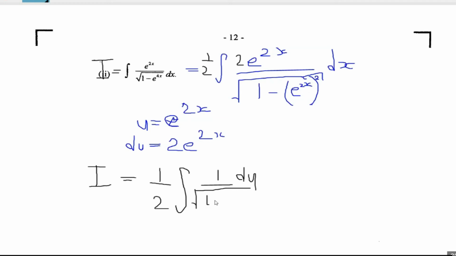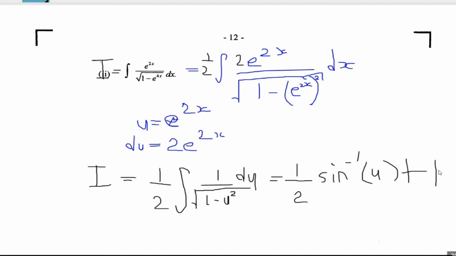Now the integral of 1 over the square root of 1 minus u squared is sine inverse of u. This becomes equal to a half sine inverse of u plus some constant k.